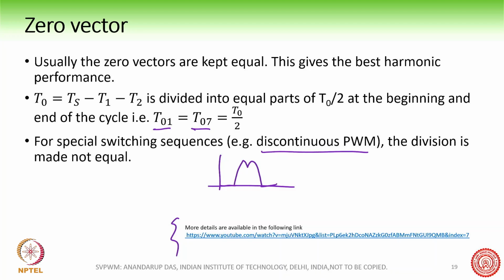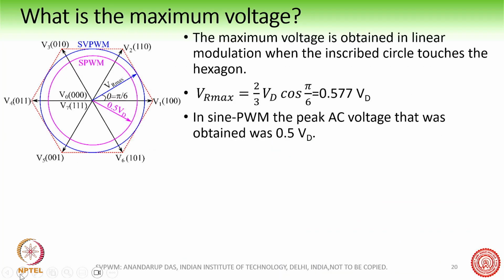It is one way, DPWM1, and then there is DPWM2 like this, and there are other techniques. So let us not go into those details as of now. We can use discontinuous PWM to control the losses in the voltage source converter, but again, we are not going into details in this course.